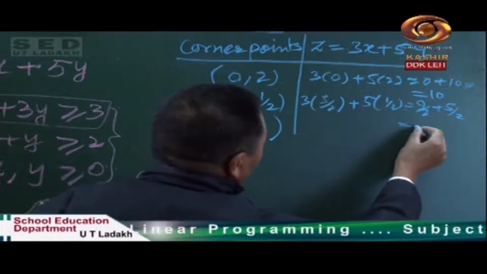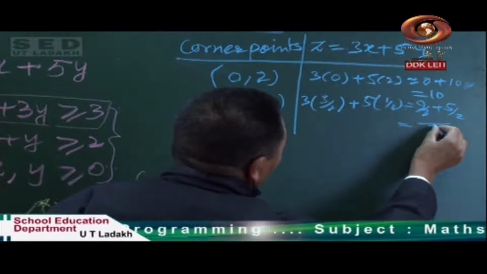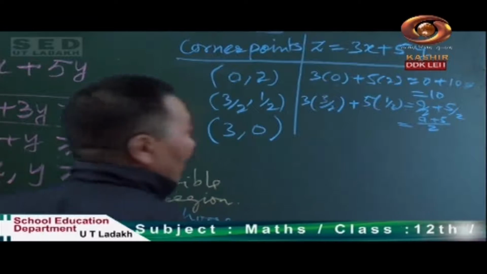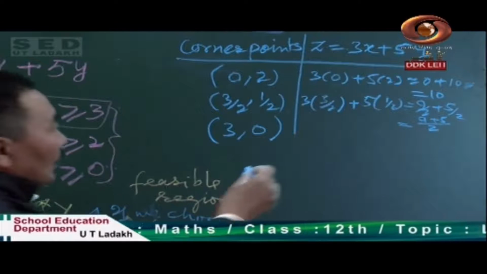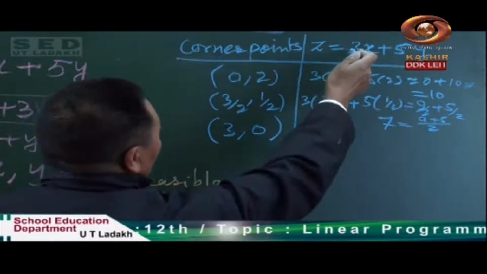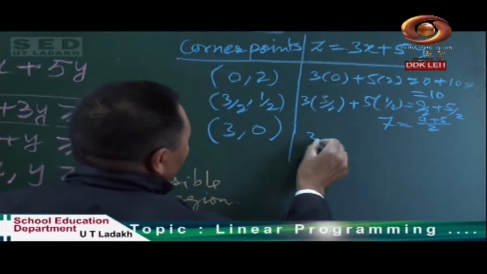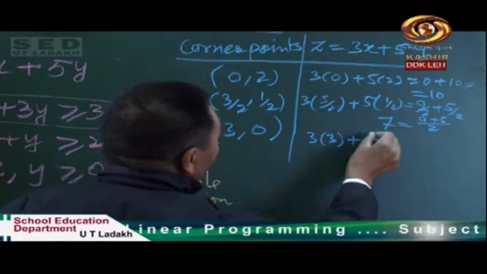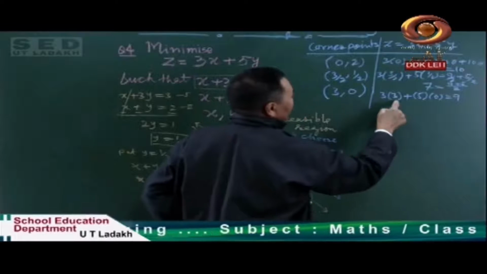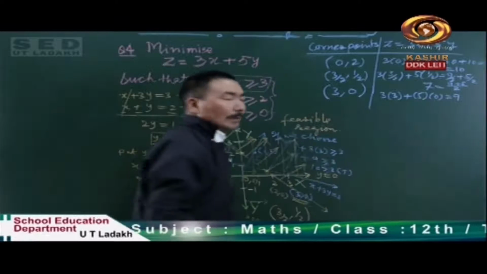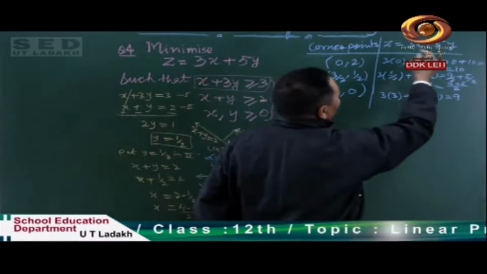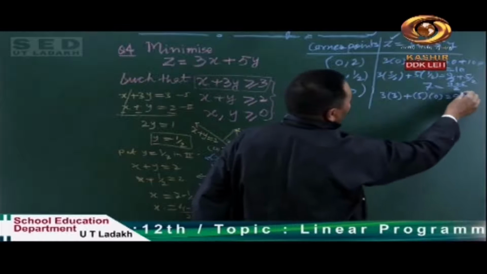If we join this, taking 2 as the LCM, 9 plus 5 is 14, and 14 divided by 2 becomes 7. Here, 3 into 3 plus 5 into 0 will become 9. So we have to find the minimum value of this z function.